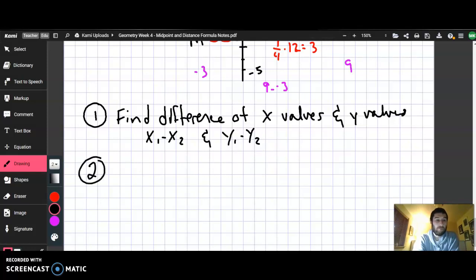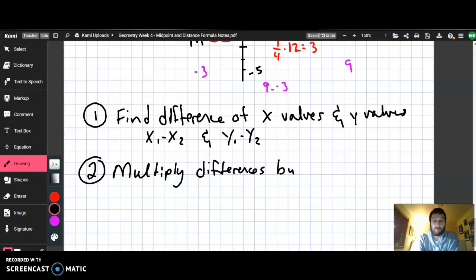Second, multiply those differences by your fraction. In a partitioning problem, you'll always have a fraction because you're always looking at the part of the line.